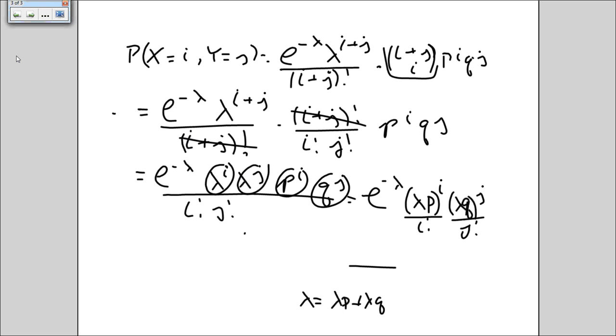Okay, so we have lambda p, everything but this for a moment. Lambda p to the i, e to the negative lambda.